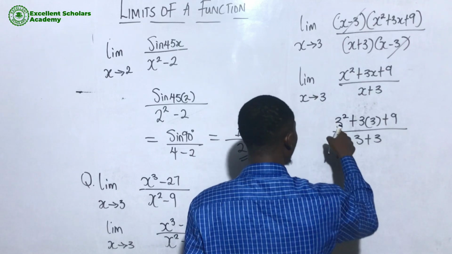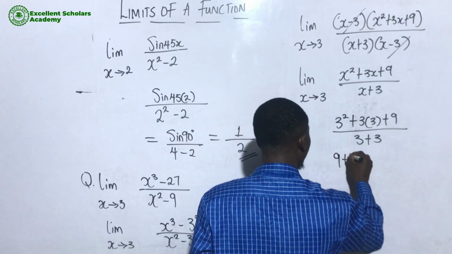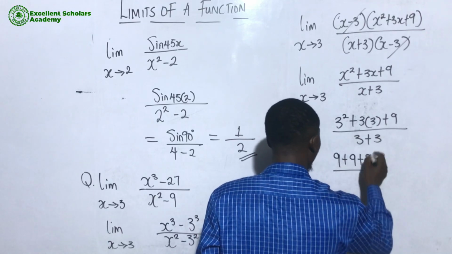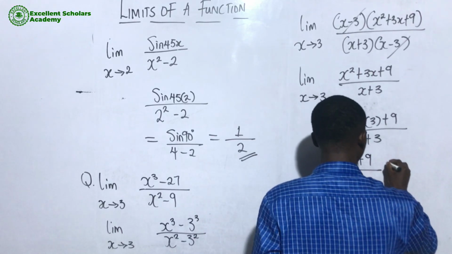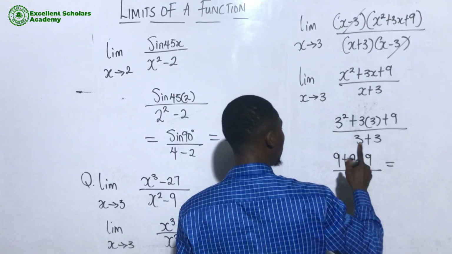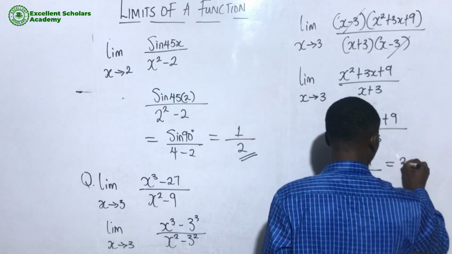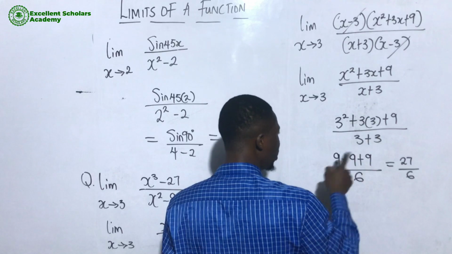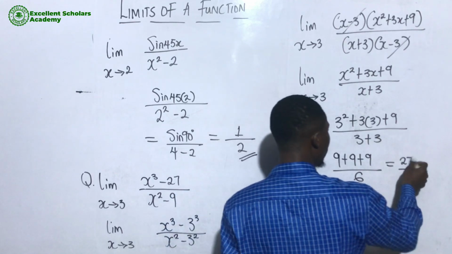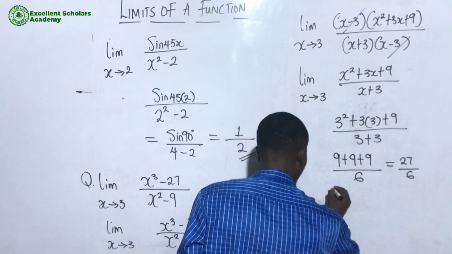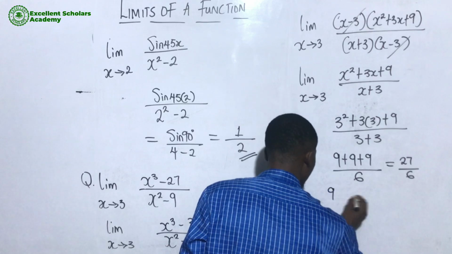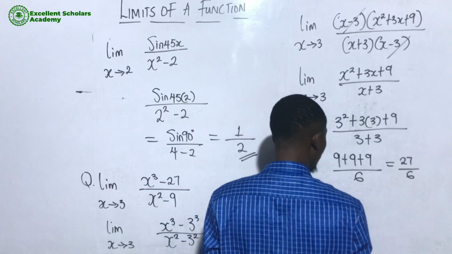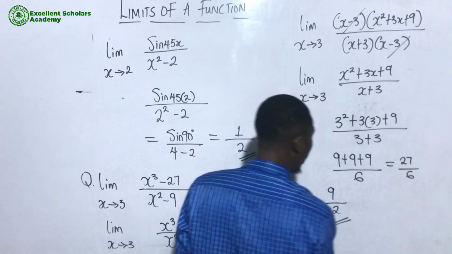And then it becomes 3 squared, that's 9, plus 3 times 3, that's still 9, plus 9 over 3 plus 3, which is 6. This gives me 9 plus 9 plus 9, that gives me 27 over 6. And this could be reduced, since 3 can divide 27, that gives me 9, and 3 divides 6, that gives me 2. So this is 9 over 2, which is our answer.